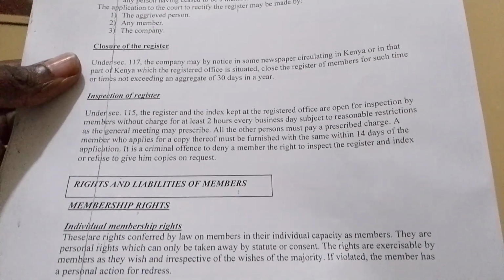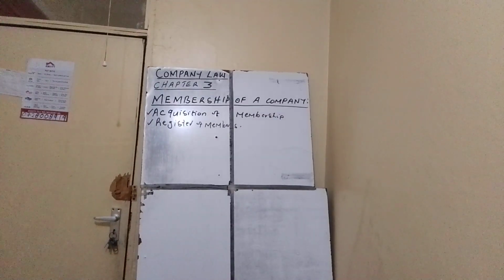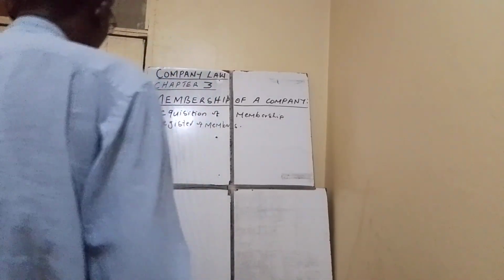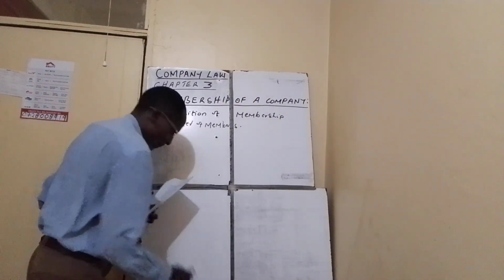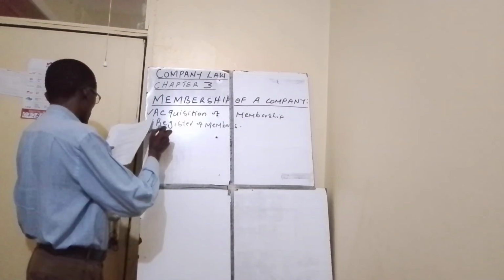Now we move to rights and liabilities of members. Move to the next part, and that is rights and liabilities of members.